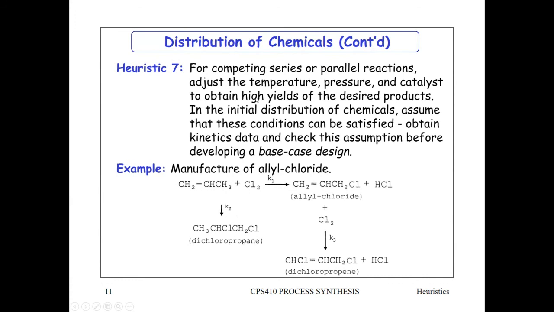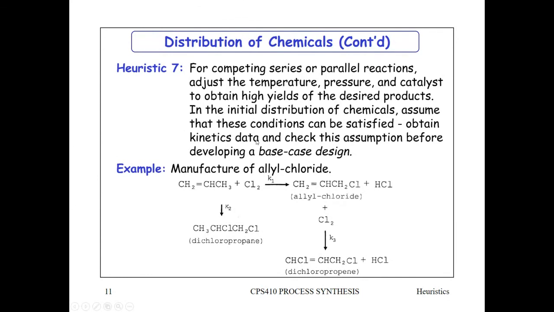There's a theoretical approach: you can put your kinetics into a model and model your reactor, and find out the ideal size of the reactor to maximize your allyl chloride and what temperature to operate at. But in the initial distribution of chemicals, assume that these conditions can be satisfied.